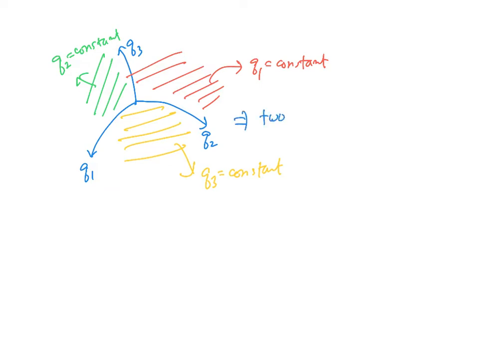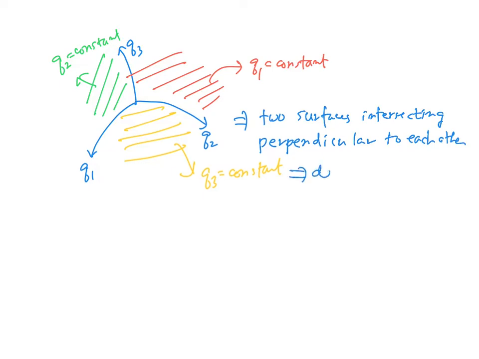So two surfaces meeting or intersecting perpendicular to each other define an axis.